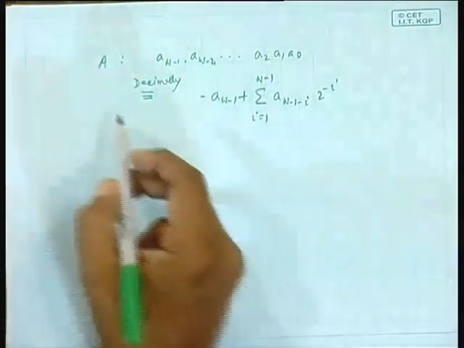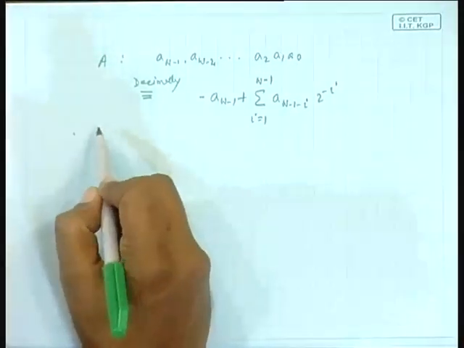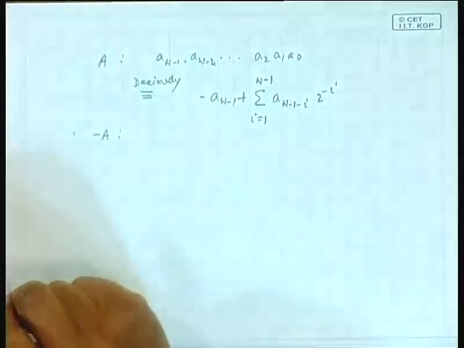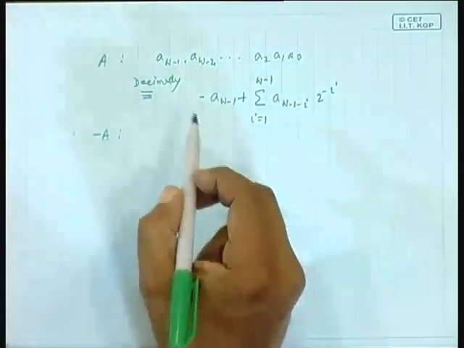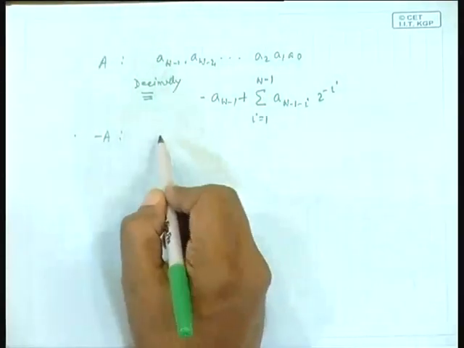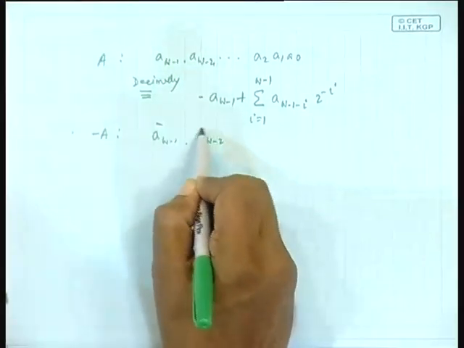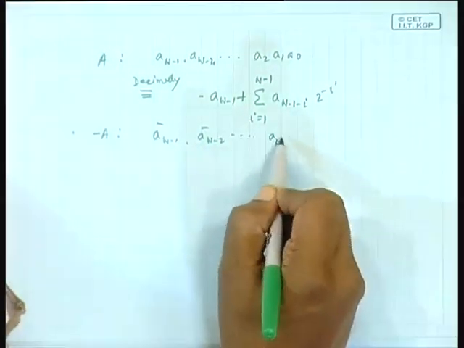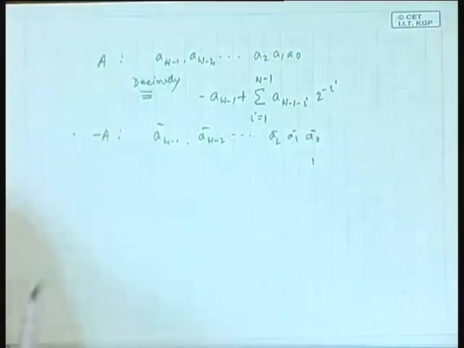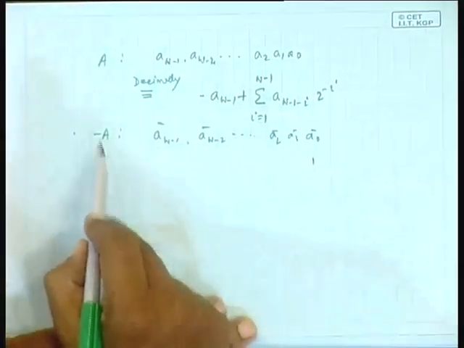Then I also said that given a number A, its negative, minus A, under the 2's complement system is very simple: if you consider this binary number, complement all the bits and add a 1 here. Whatever binary number you get, its decimal equivalent will be minus A under the 2's complement system.